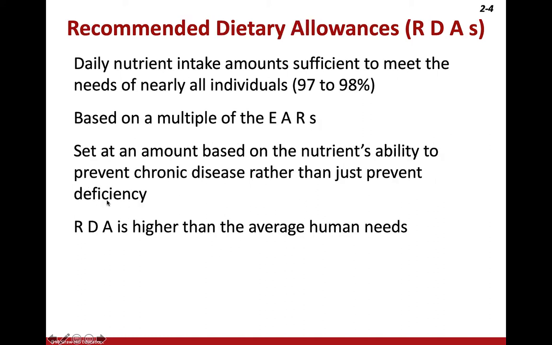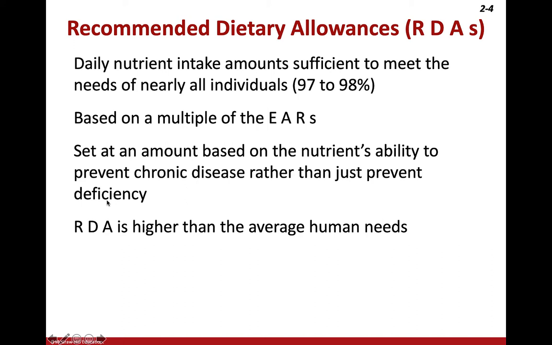Now, if I had to pick probably the most important, and this is bias, the recommended dietary allowance, or RDAs, and you've probably heard of these before. These are the daily nutrient intake amounts sufficient to meet the needs of nearly all individuals, so 97 to 98%. So here we are now looking at something that is best used on an individual basis.